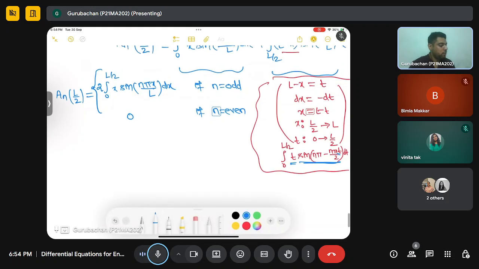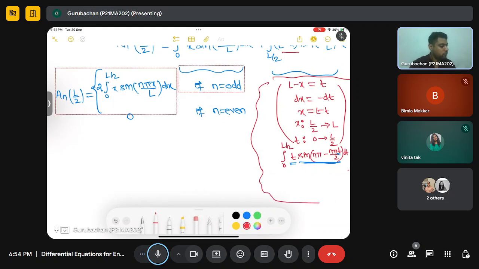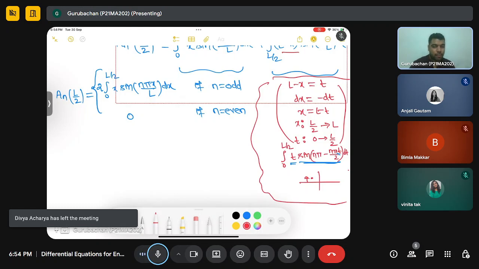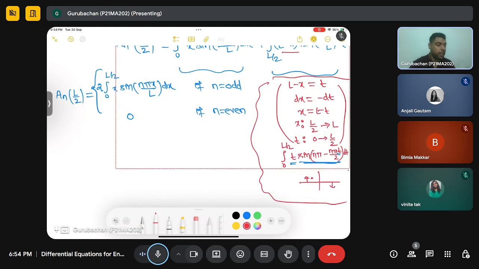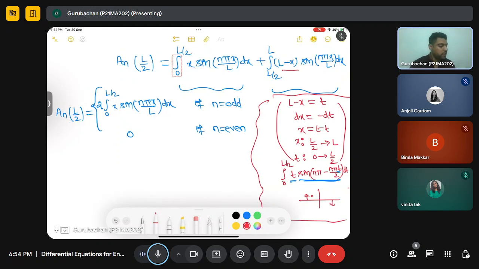If you do just one more step in this integral, you will get to know that this sine function, if it is in the sine quadrant, and if pi minus something, 3 pi minus something, then you will get some positive quantity. When you get 2 pi minus something, then it will be a negative quantity. So that is why this will give negative sign and positive sign respectively.